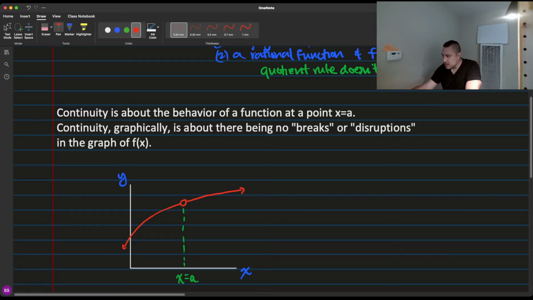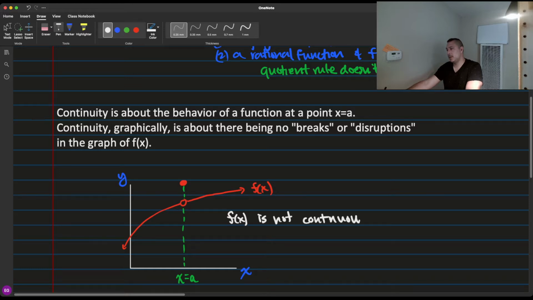And your function has a closed dot up here. So I would say that f of x is not continuous at x equals a.